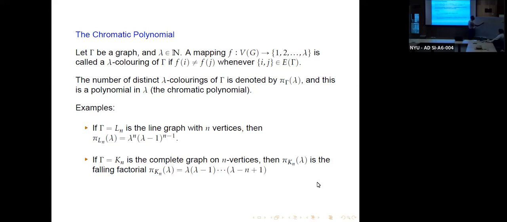So the number of colorings is t(t minus 1), and that's the chromatic polynomial. If you have the complete graph, you put t colors here, t minus 1 colors here, but here you have to put t minus 2. So you get a factorial form like this, which will come up in the talk. I label it like that for this graph, and for this graph it's K3.